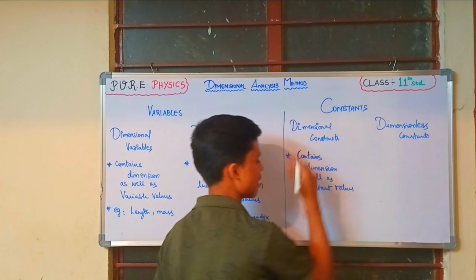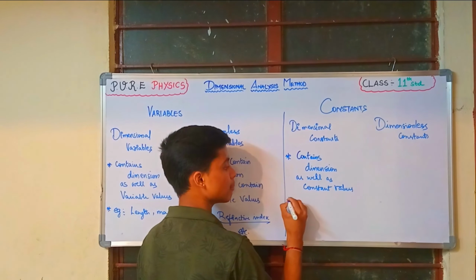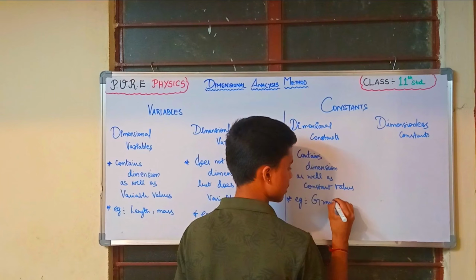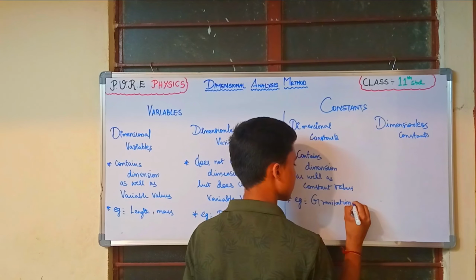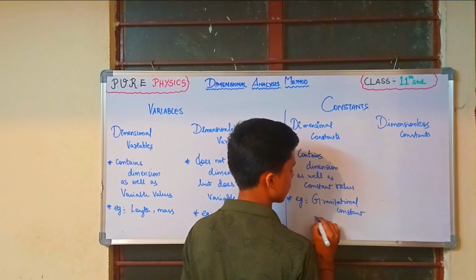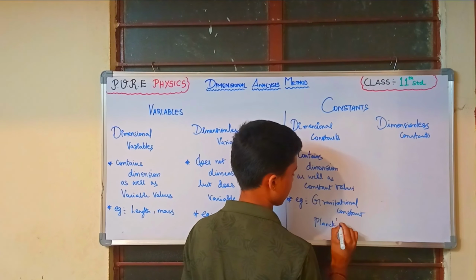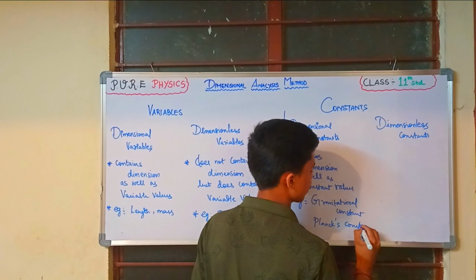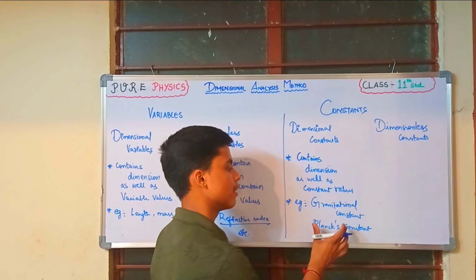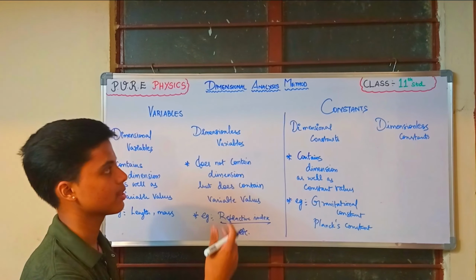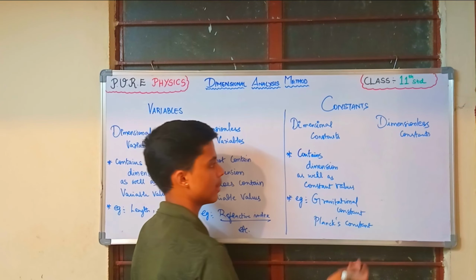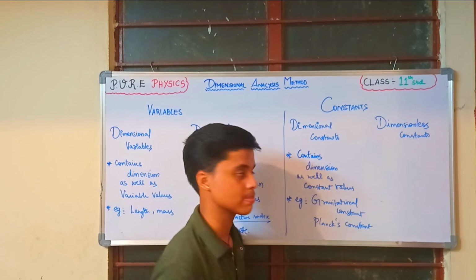Examples we can give are the gravitational constant and Planck's constant. Planck's constant is the most repeated in all competitive exams. We will see the conversion of Planck's constant into dimensional quantity in the next video, where we will see problems.